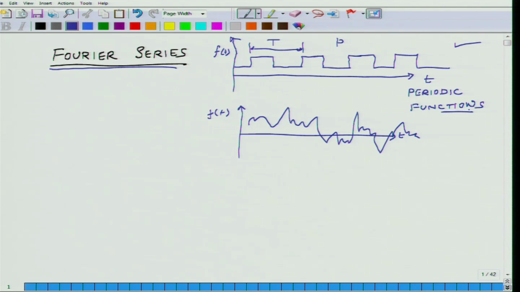Okay. Before we go further into it, you would wonder what is it that we are trying to do in this. So what we are trying to do is that we are trying to express f(t) as a sum of sine and cosine functions.